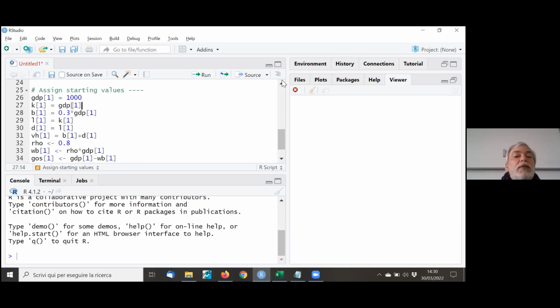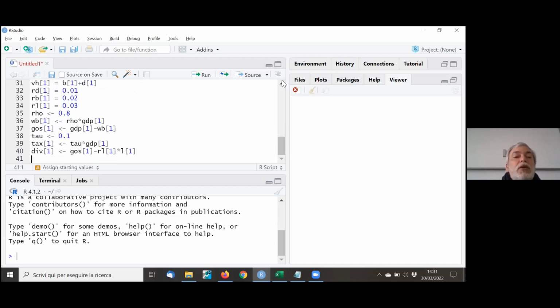Now we can define these here because they were all exogenous. So we said RD is going to be equal to 0.01, RB going to be equal to 0.02, and RL to 0.03. So this now should work.